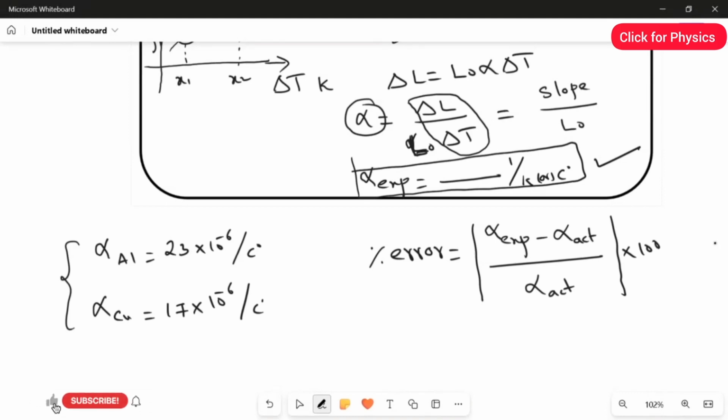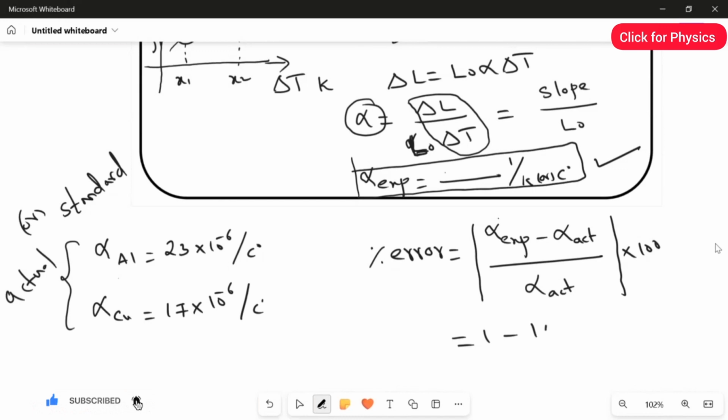When you substitute your experimental value and the standard value of aluminium and copper, you will get the error percentage, and if your error percentage is between 1 to 10%, then we will consider your answer. So in this way you have to do your calculation for this experiment.